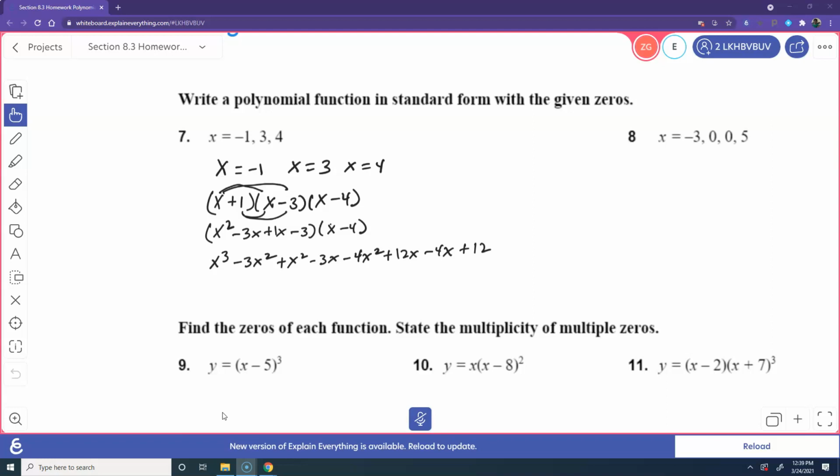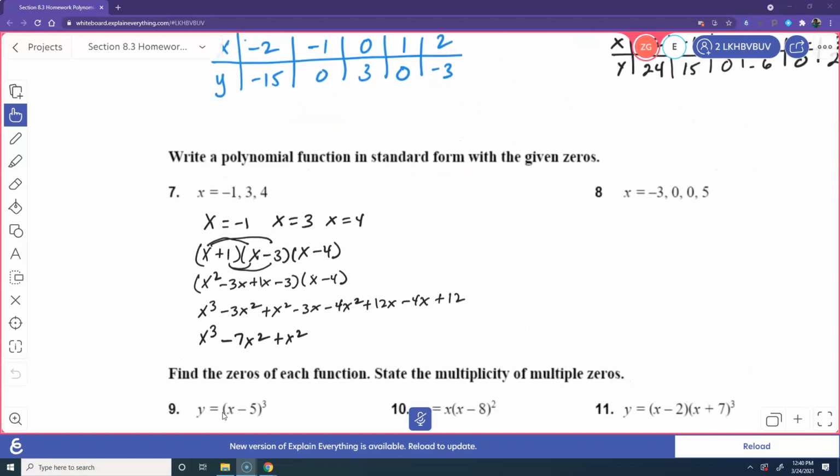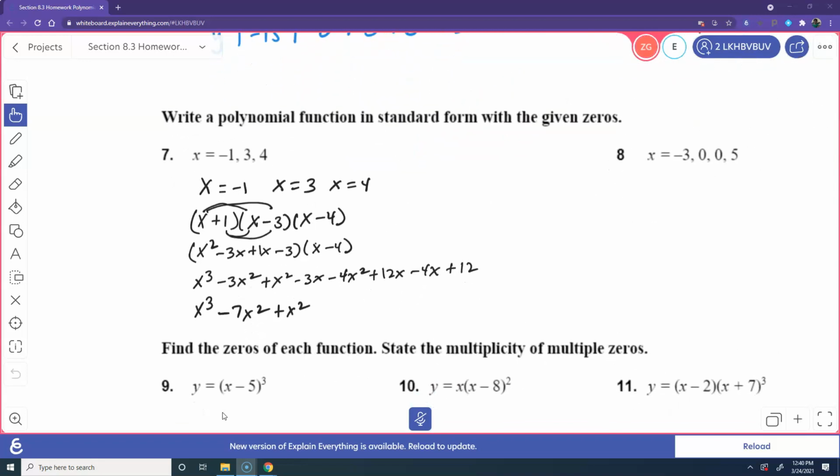So you don't have any x cubes. Negative 3x squared and a negative 4x squared, that's going to give you negative 7x squared. Oh, you still have an x squared here, so let me just write it down. Negative 3x plus 12x gives you 9x, and 9x minus 4x gives you 5x plus 12.